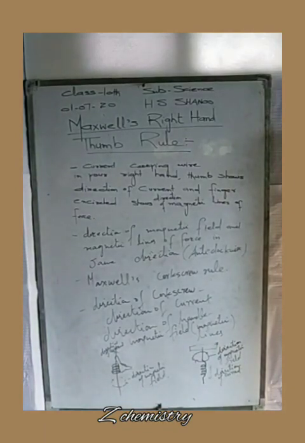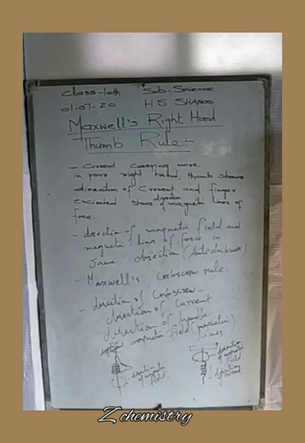The most important point is that the direction of the magnetic field and the magnetic lines of force will be in the same direction. Our encircled fingers give us the direction of the magnetic lines, or we can state that they give us the direction of the magnetic field lines.